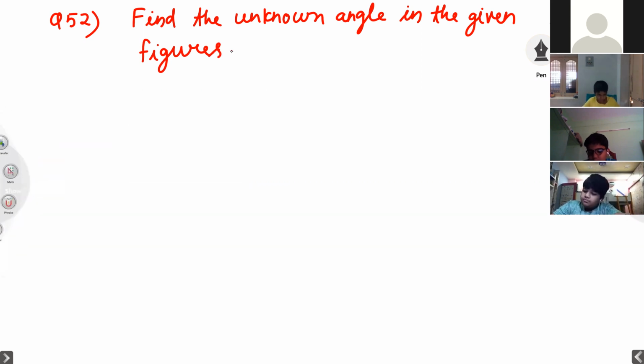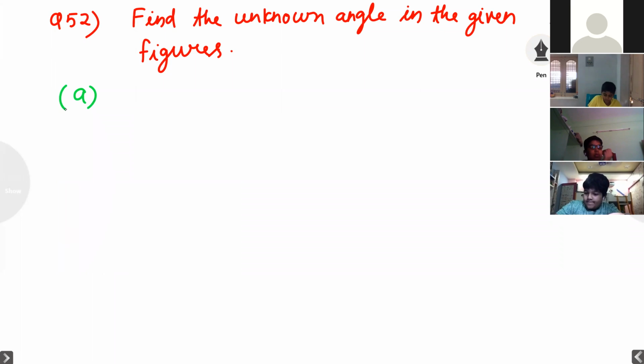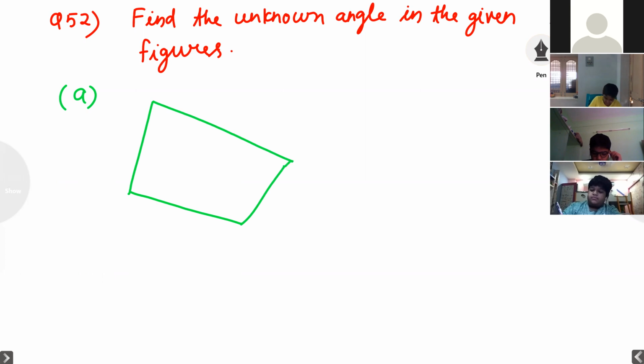In the given figures, first figure I am giving. This figure is looking like a quadrilateral. This is x.